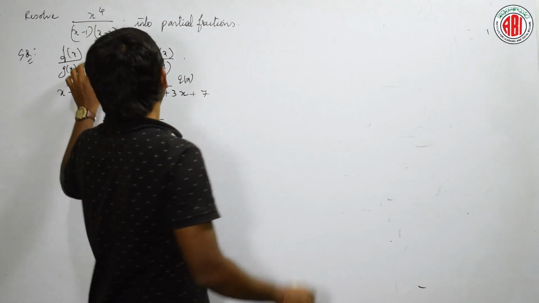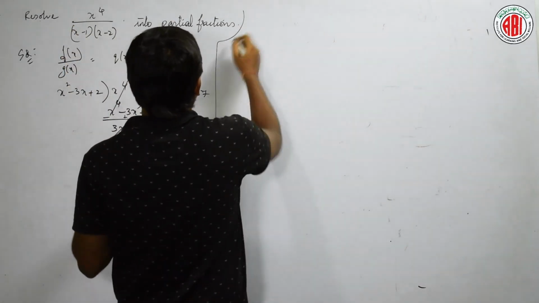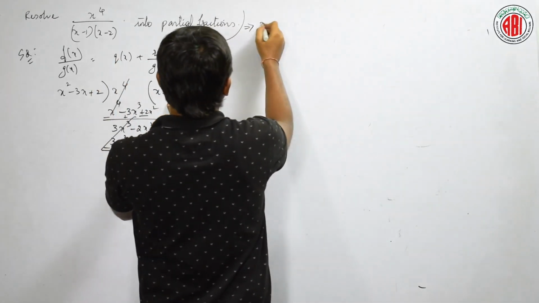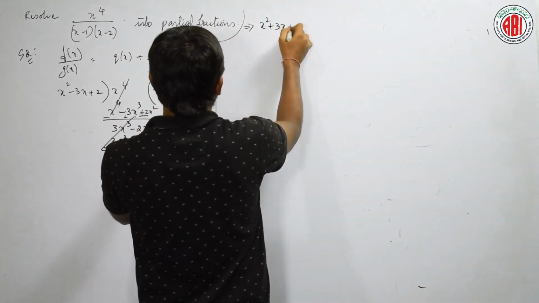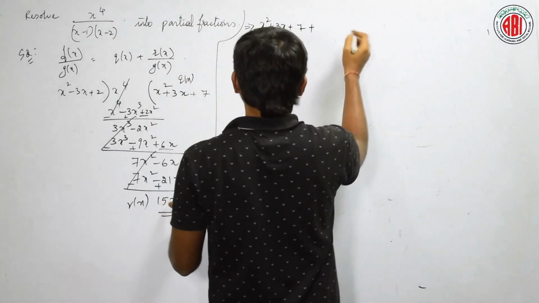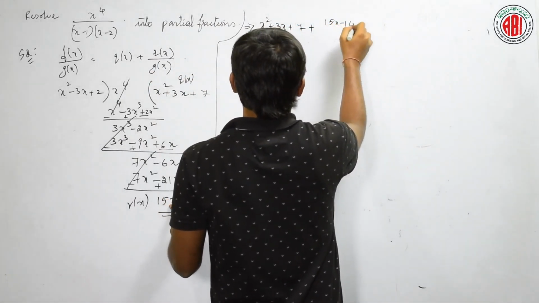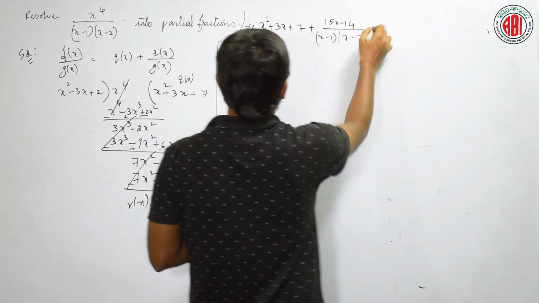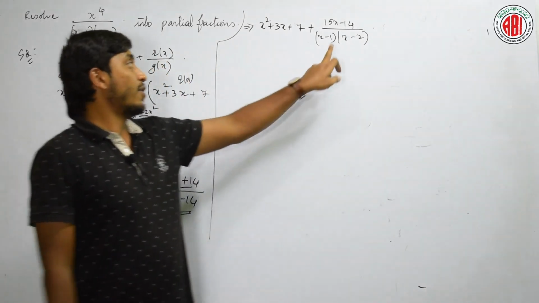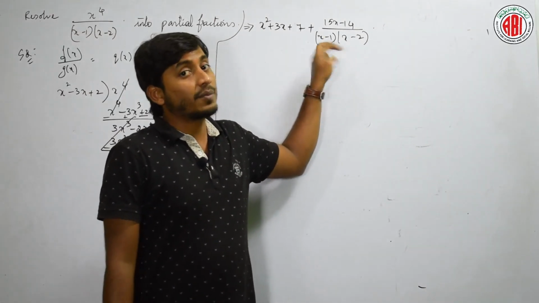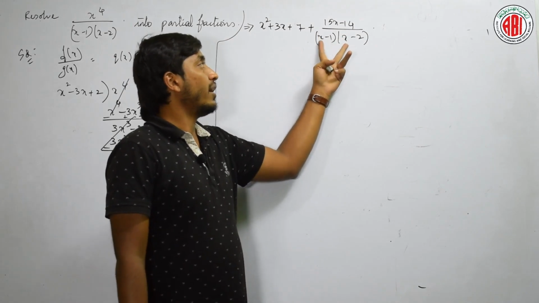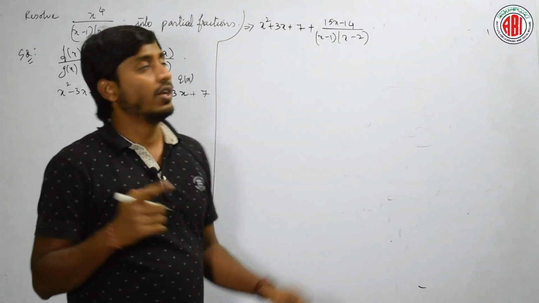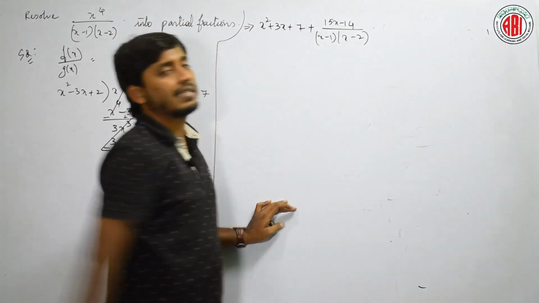So, I can write the given fraction as, what is this q of x? x square plus 3x plus 7 plus r, which is 15x minus 14 divided by x minus 1 into x minus 2. Now, if you observe, is it proper or improper? This term is a proper fraction. How? The denominator, if we multiply, will be x square and the numerator will have only x power 1. So, we have to find the partial fractions for this.